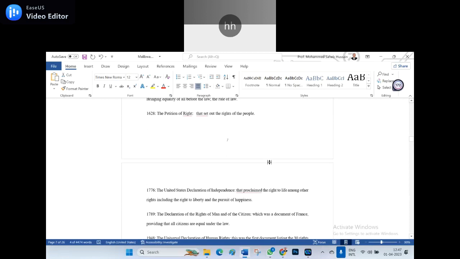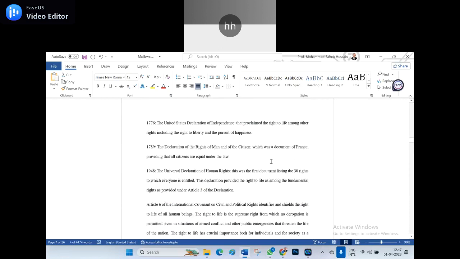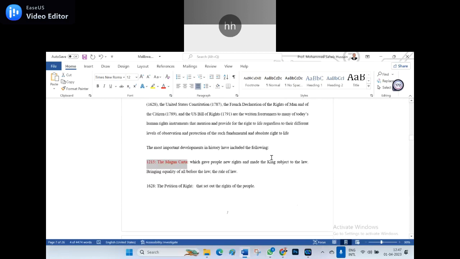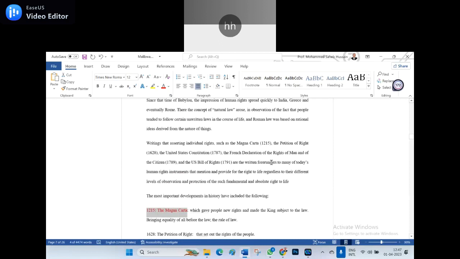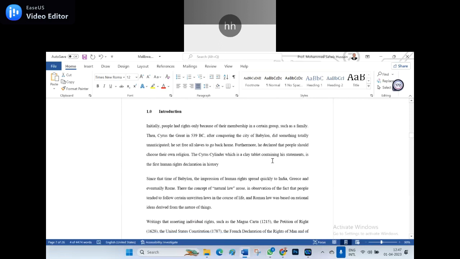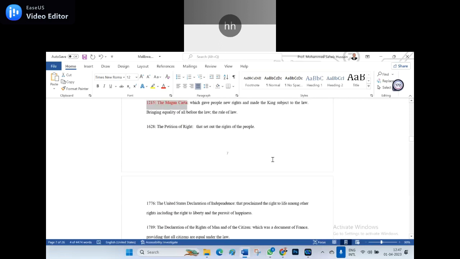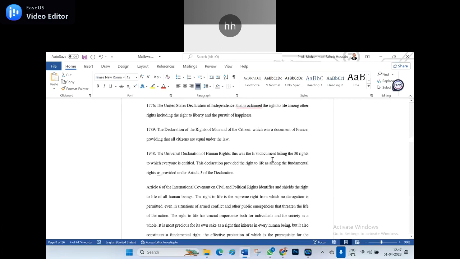And the petitioner writes all these things. Why do you mention all those things? The most important developments in history were included in the following. No, try to avoid them. Introduction. Why all those things that you wrote, 1948 Universal Declaration of Human Rights and the Declaration of Human Rights?